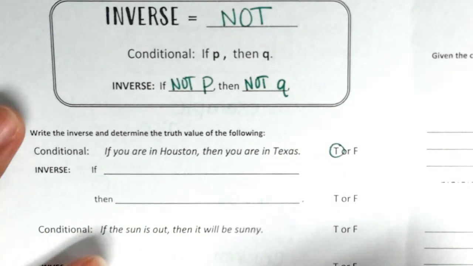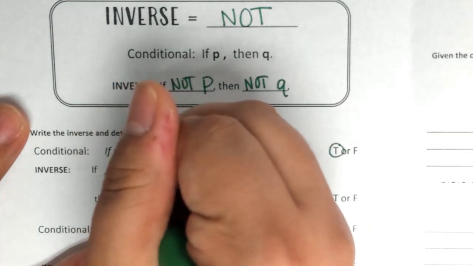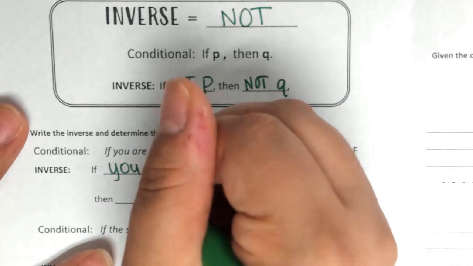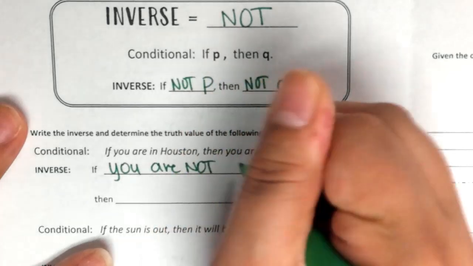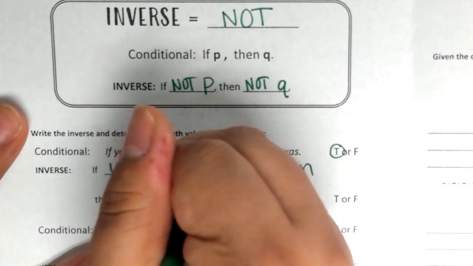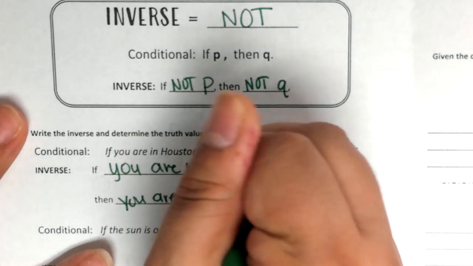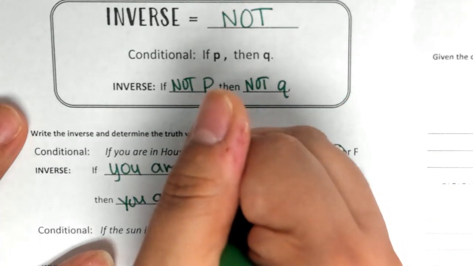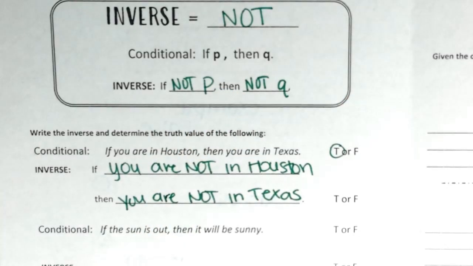If you are not in Houston, then you are not in Texas. Inverse does not switch them. You're writing the same sentence, but just putting not for both. You need to have not in both the P and Q.